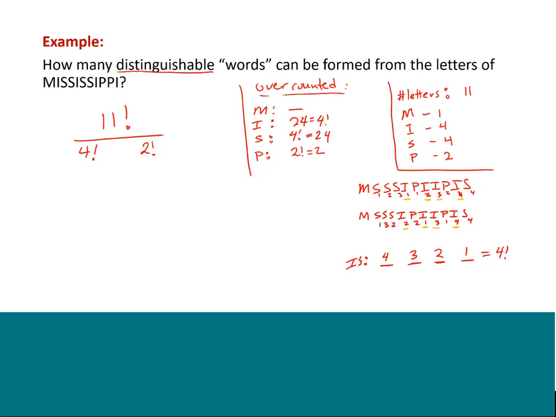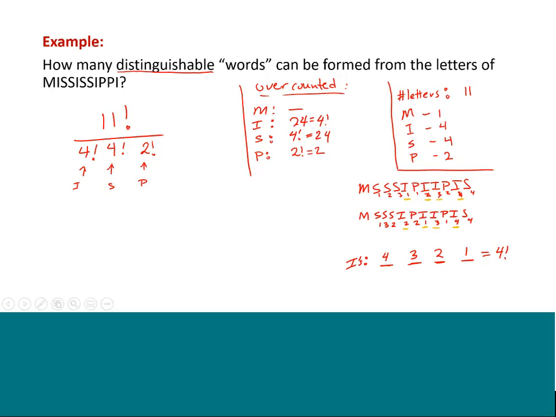Now, to get rid of that overcounting, you divide. So here's what happens in terms of our actual answer. You start off with the 11 factorial because that gives you all the different words plus a whole bunch of them that are indistinguishable with each other. To get it back to just the distinguishable words, you divide out by the extra copies of I, you divide out by the extra copies of S, and you divide out by the extra copies of P. Notice the number in front of the factorial is exactly the same as how many copies of the letter you have.